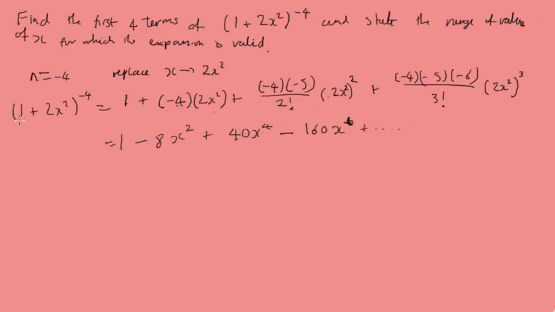Now, we want the range, so we look at this, and we want this to be, if this is equal to 0, we would then be, remember we're looking at the modulus, 2x squared is going to be less than 1.